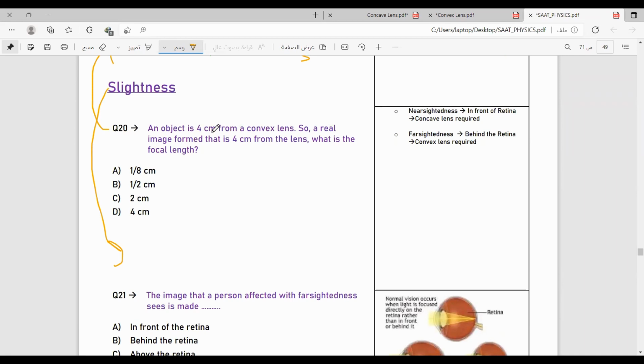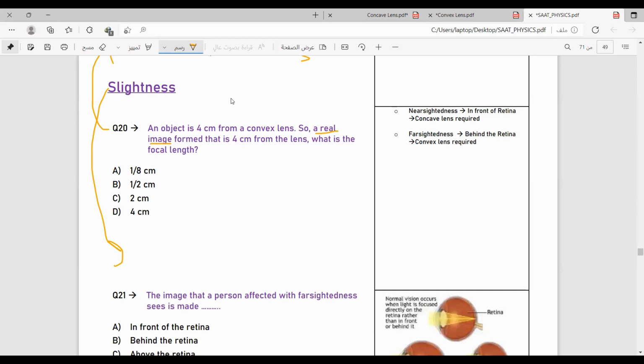Question number 20. An object is 4 centimeters from a convex lens. Now you see, here it specifies a real image, which is helping you. So we expect that di is positive directly. But if he doesn't specify, just solve it as it is and take it as positive.